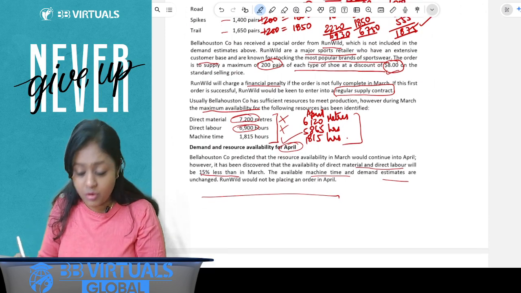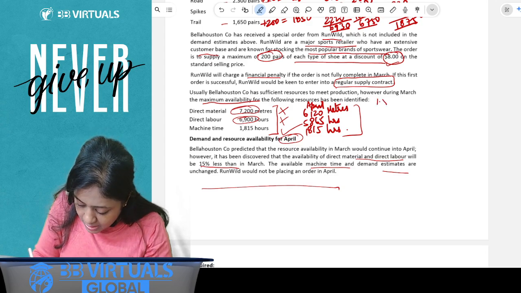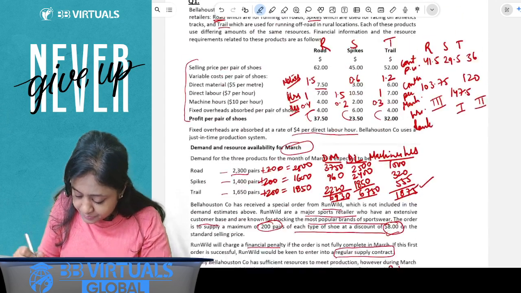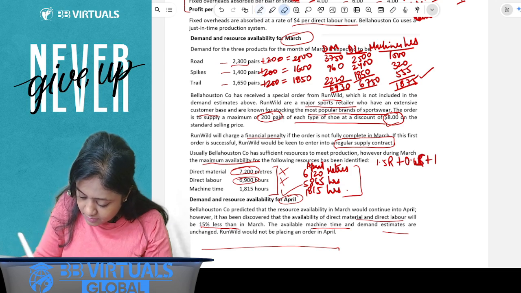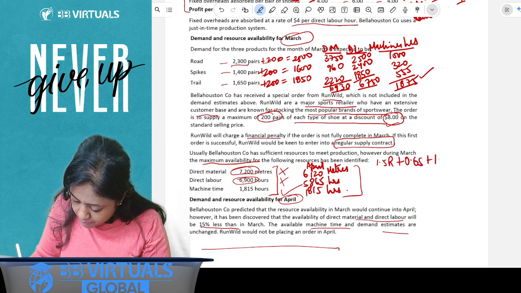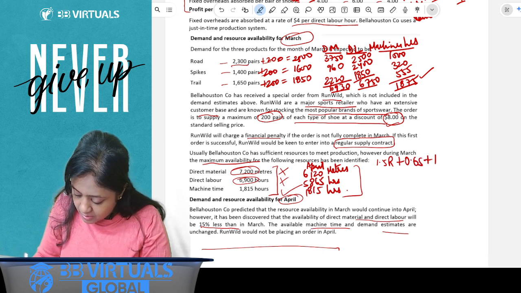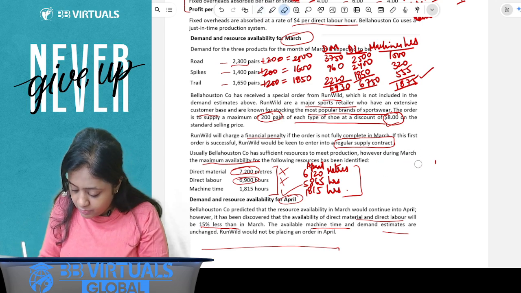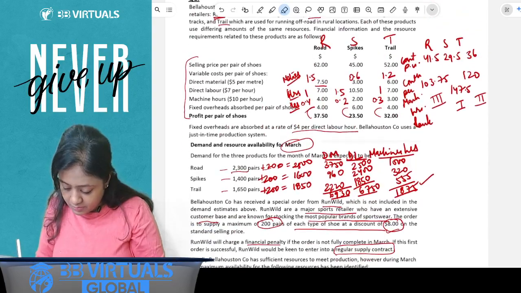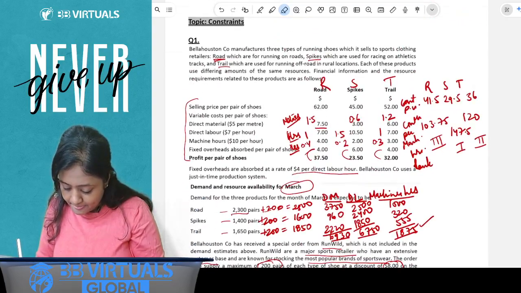This is the maximum quantity available. I think it's better if I formulate the equations here. It is more helpful, there is no space there.